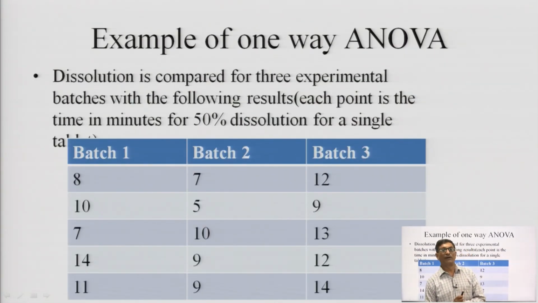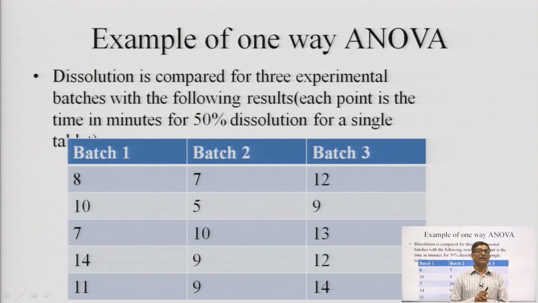Now, to understand one way ANOVA, we take an example. Dissolution is compared for 3 experimental batches with the following results. Each point is the time in minutes for 50% dissolution of a single tablet. So, in this we have 3 types of batches of tablets, and the 50% dissolution time is given for each sample.